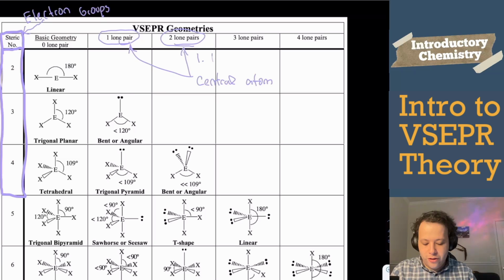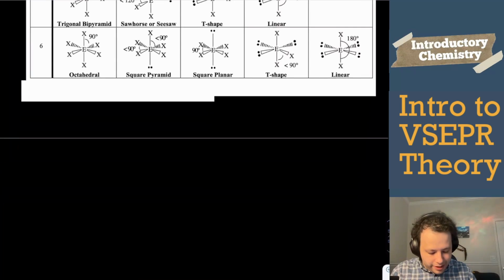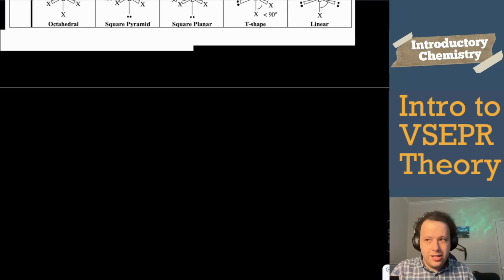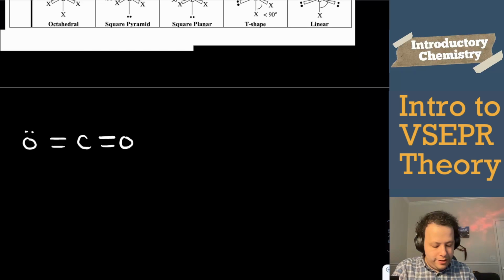Okay, so we need to draw our Lewis structure, and then we are trying to look at the central atom geometry. So let's practice using this chart. If I go back to some of the ones I drew earlier, say CO2, what we are doing once again is counting how many different groups there are.